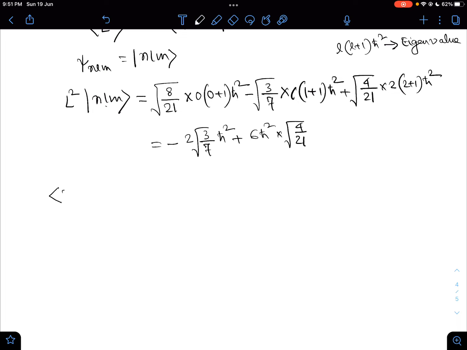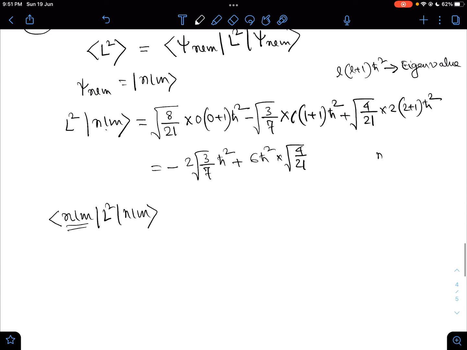Now we have to find this expectation value. We know that these |nlm> states are orthonormal. How do we represent this? n dashed, l dashed, m dashed with nlm will give us delta n dashed n, delta m dashed m, and delta l dashed l.